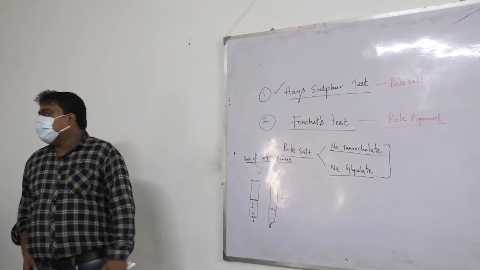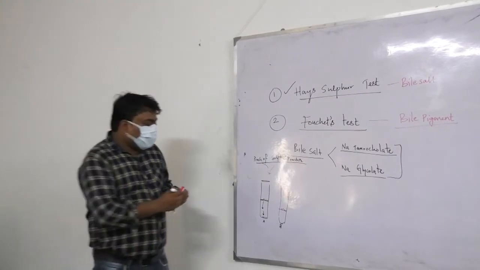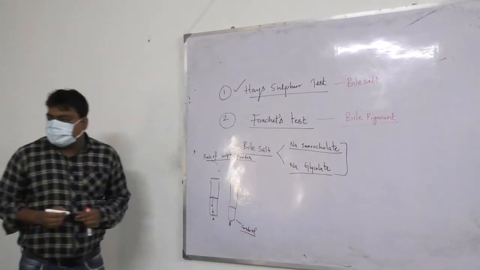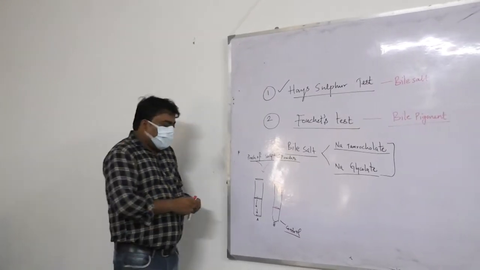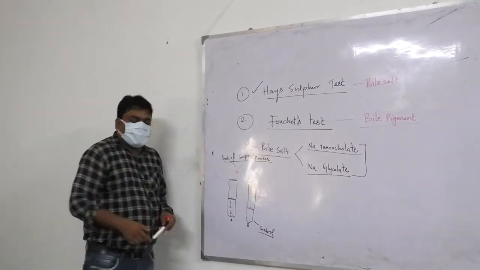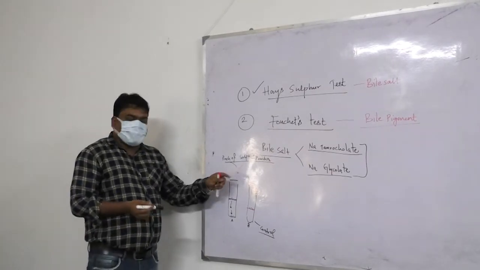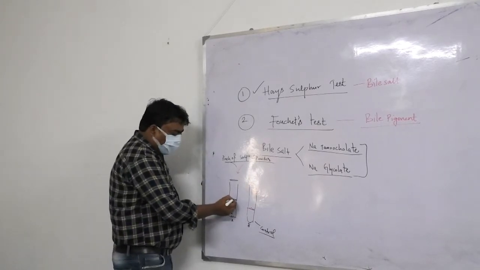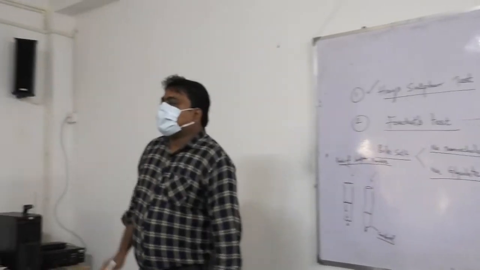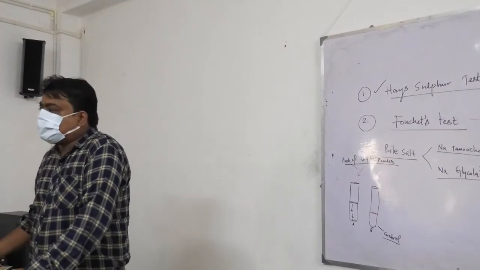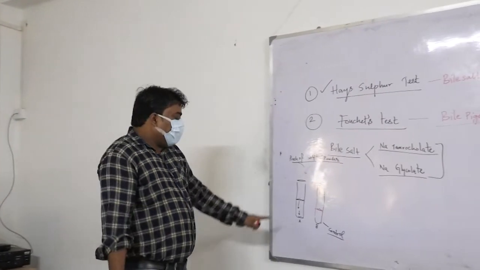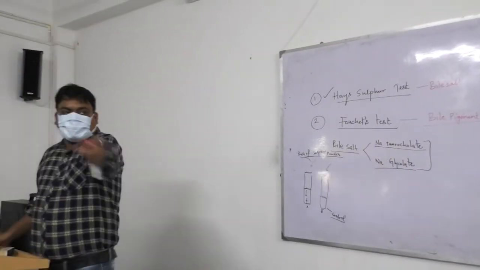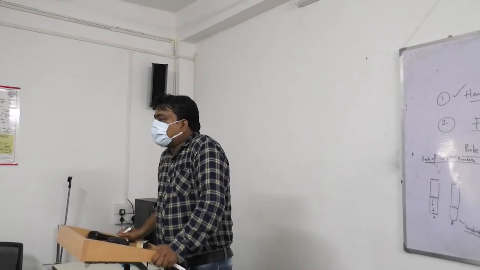In the test tube B, we take only normal water, and this is only for control, for comparison with the sample. We take the urine sample at normal temperature, then add a pinch of sulfur powder. If the sulfur powder is coated over the surface, then we confirm that our sample does not have any bile salts. If bile salts are present, it sinks and settles down at the bottom of the test tube. Okay?